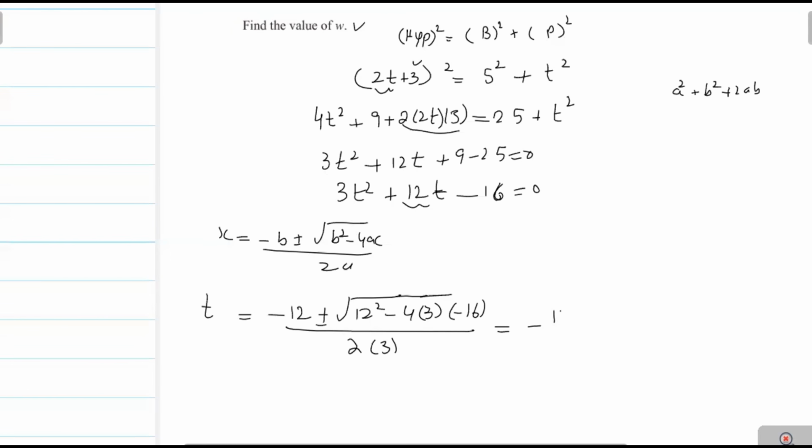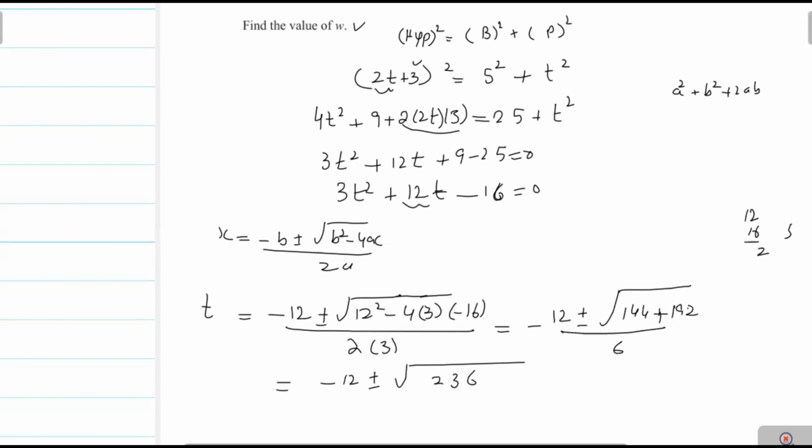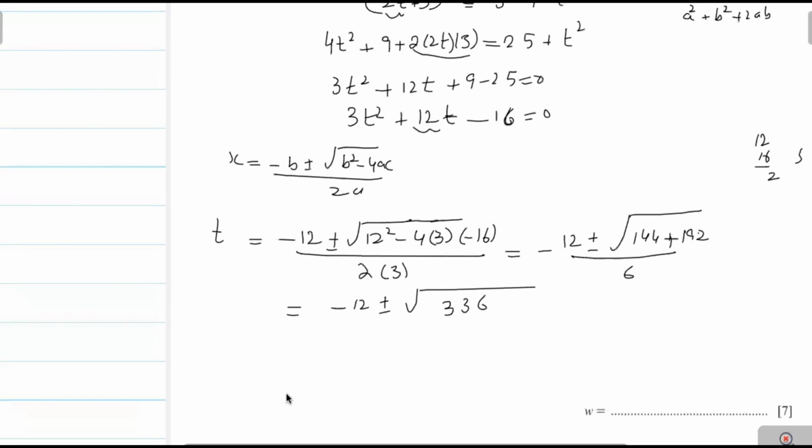Now we can write minus 12 plus minus square root of 144 plus 192 over 6, and this will be equal to minus 12 plus minus square root of 336 over 6. 144 plus 192 is equal to 336.